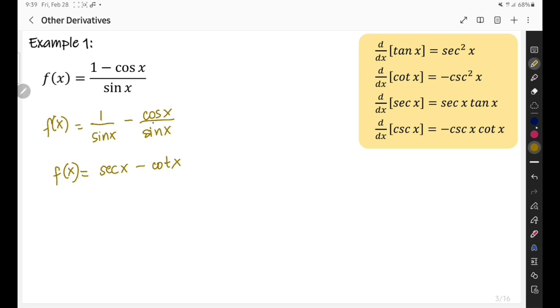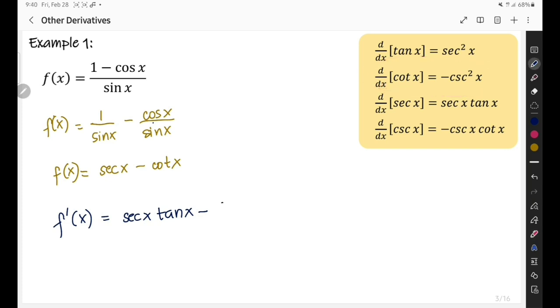Now, if we get the derivative of this one, we have f prime of x is the derivative of cosecant, so we write negative cosecant x cotangent x minus, next, the derivative of cotangent, which is negative cosecant squared x.